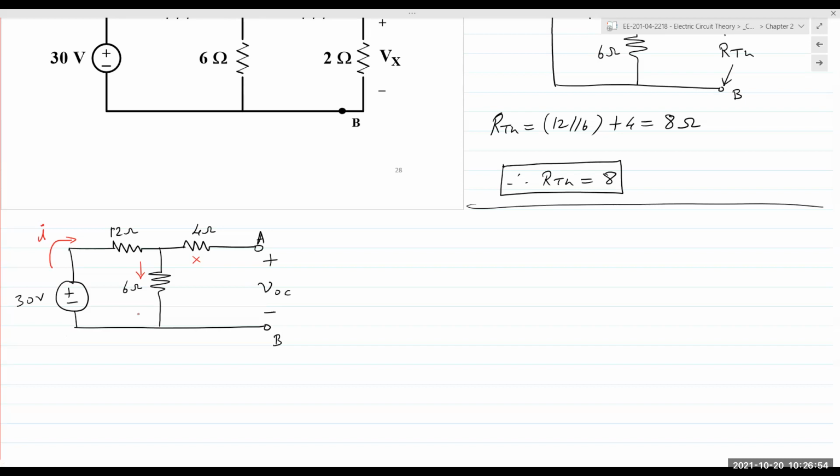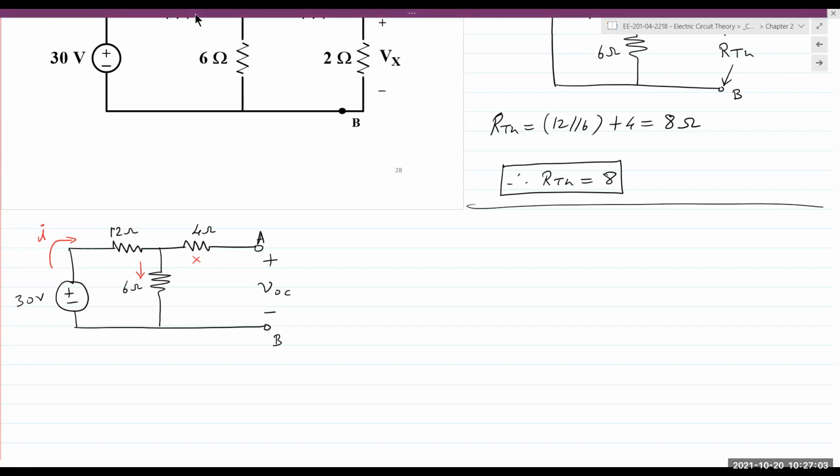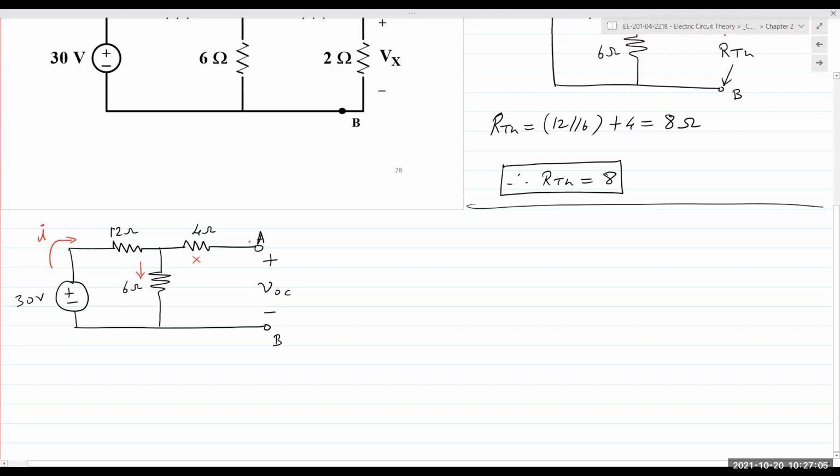If there is no current, there is no voltage, meaning there is no difference in electric potential. If there is no difference in electric potential, we are saying that the voltage at A is the same as this node right there. Did everyone follow the logic?